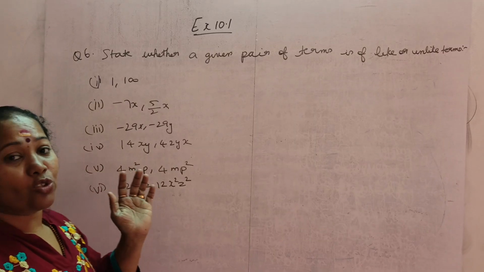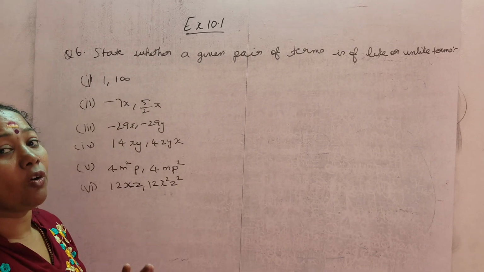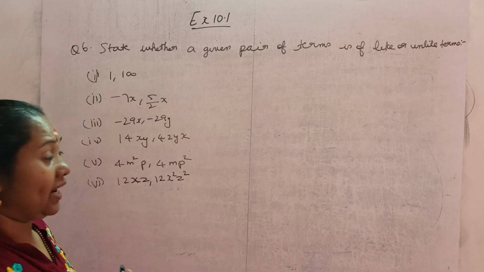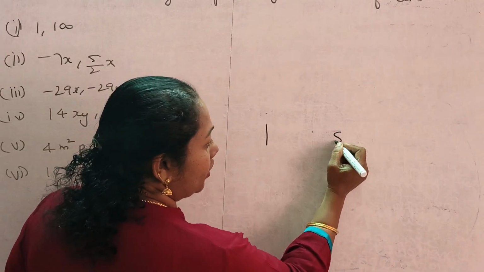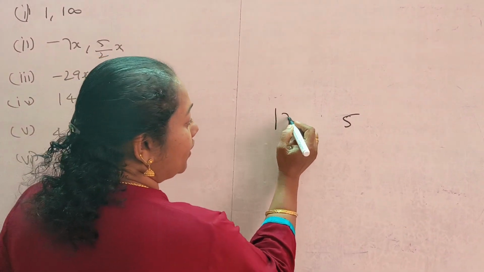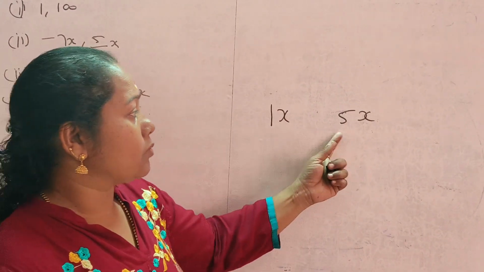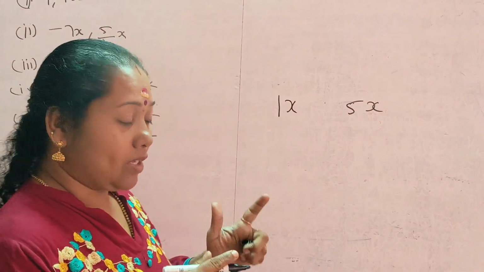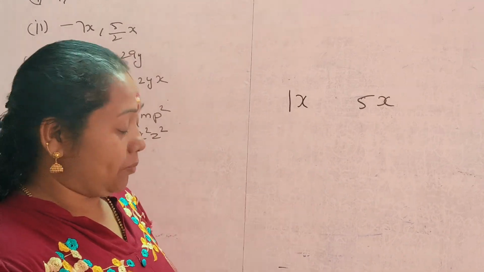Okay. Now, next question is, state whether a given pair of terms is of like terms or unlike terms. How can we find like terms and unlike terms? If it is 1 and 5, these are like terms, as both are constants. If it is 1x and 5x, these are like terms because whatever the coefficient may be, the variable is the same with the same power. The power should be the same.